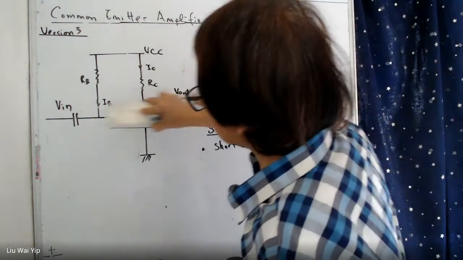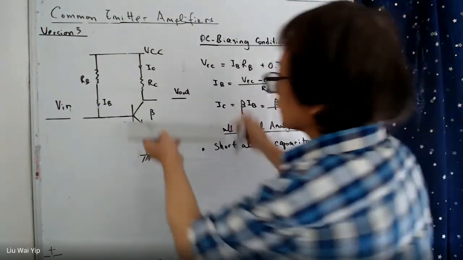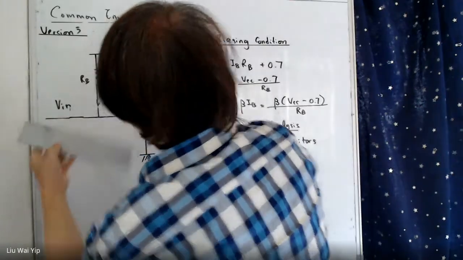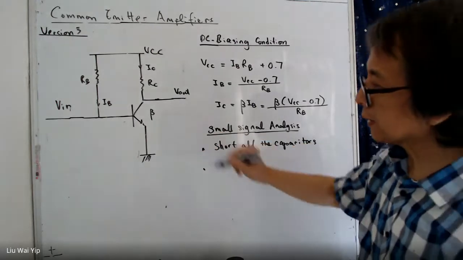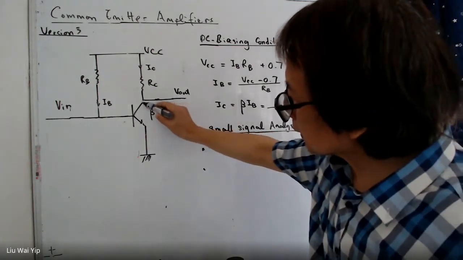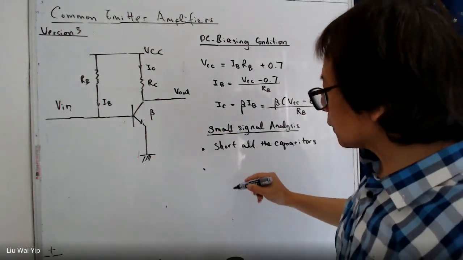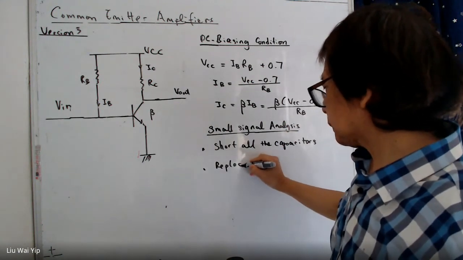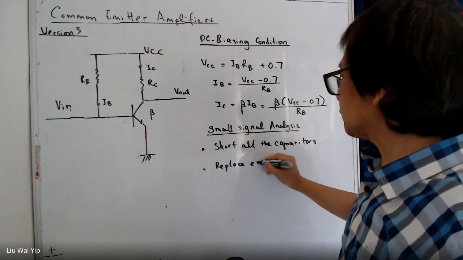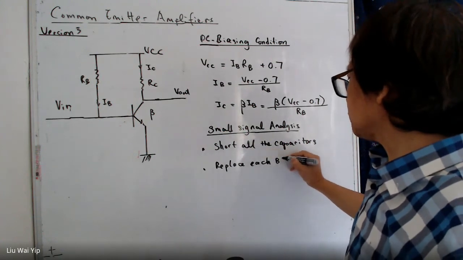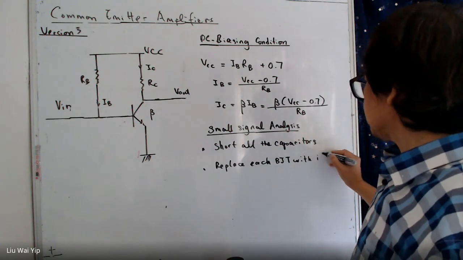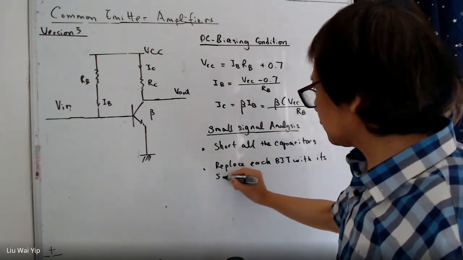So we short it, and replace each BJT with its small signal equivalent.